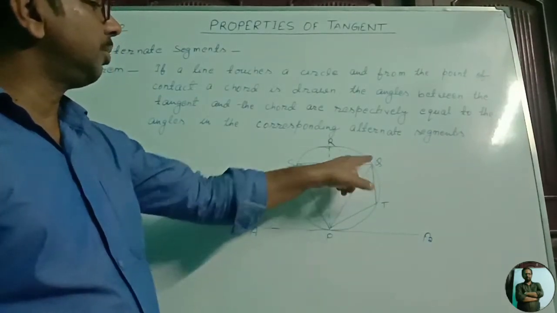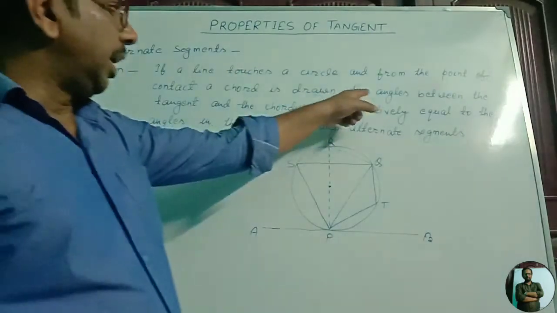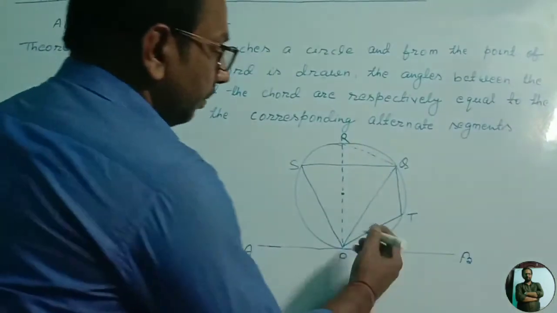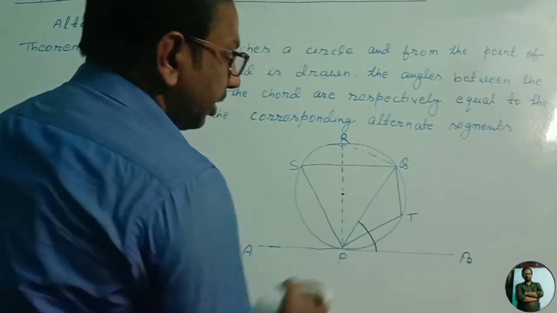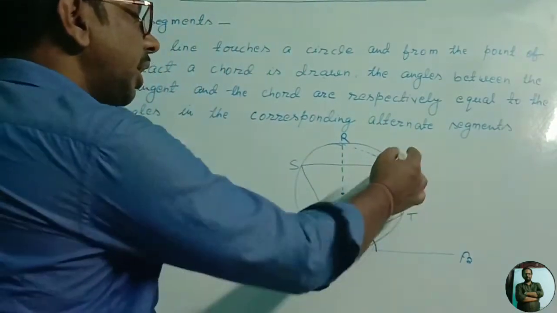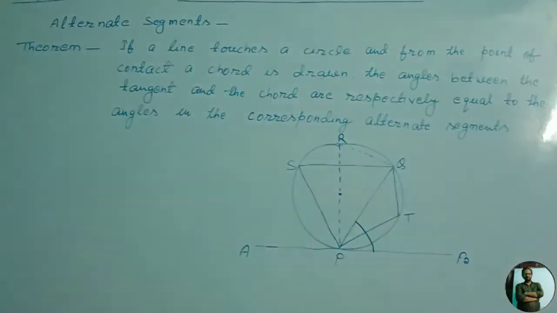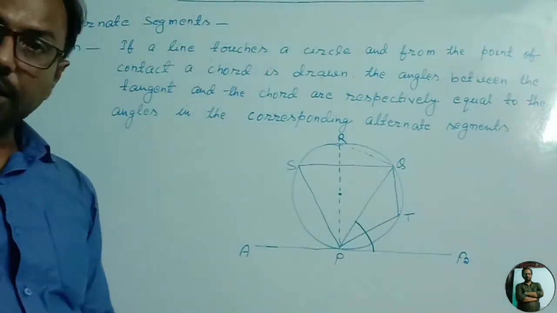That chord is PQ. The angle between the tangent and the chord, meaning angle QPB or BPQ, then the angles between the tangent and the chord are respectively equal to the angles in the corresponding alternate segments.